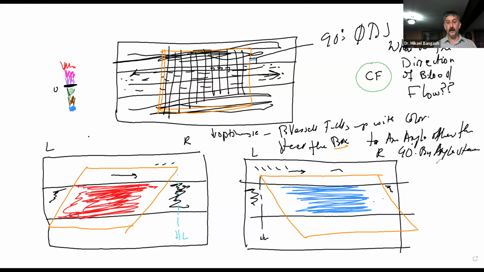You can do that by either steering the box this way or steering the box this way.